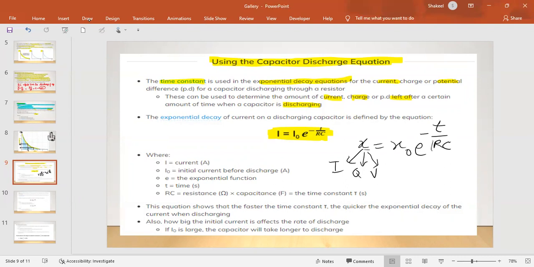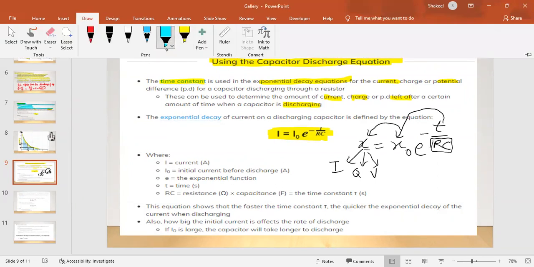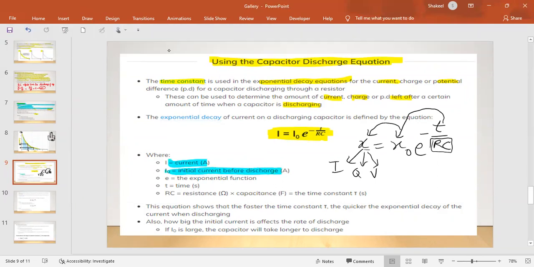This RC is the product of resistance and capacitance, and t is the time in which the original x naught becomes x. So I is the current, I naught is the initial current before discharge, e is the exponential function, t is time, and RC is the product of resistance and capacitance, which is known as the time constant.